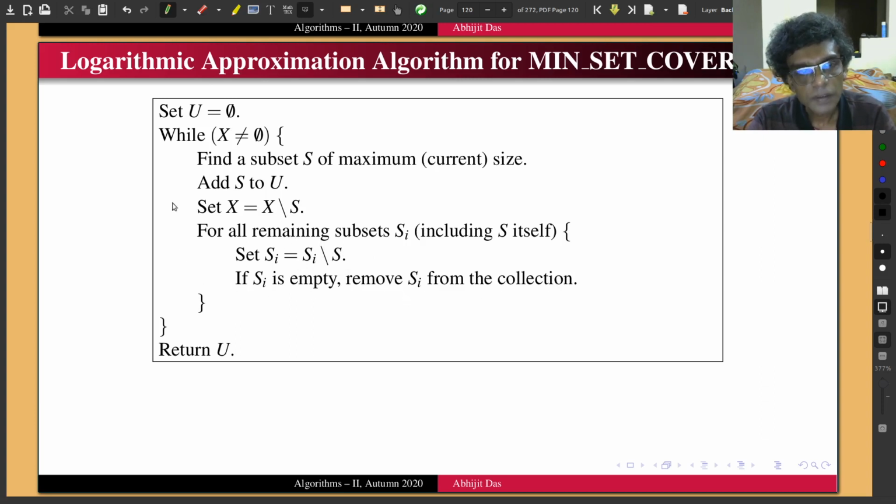Keep on doing this until all elements of the universal set are covered, and when you are done, simply return this collection of subsets, U.